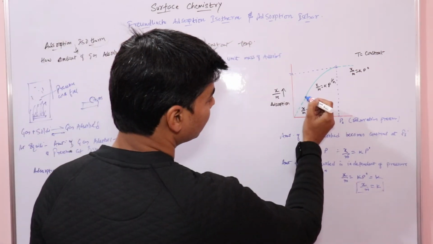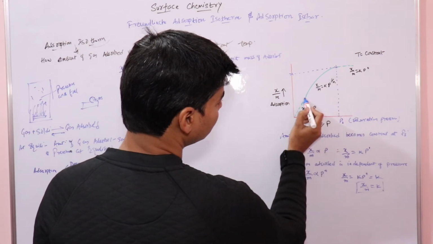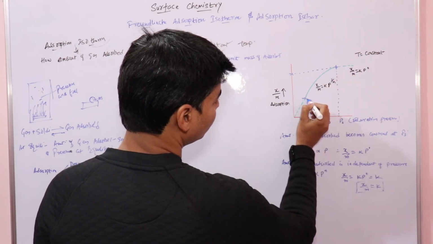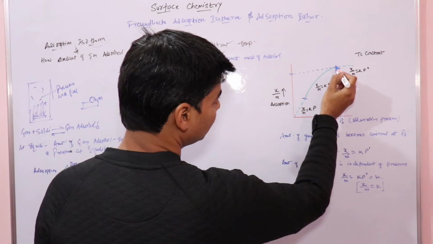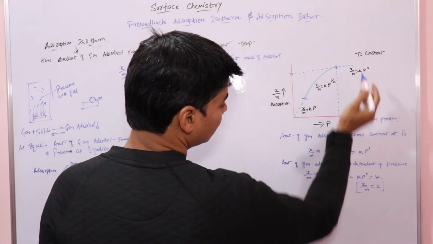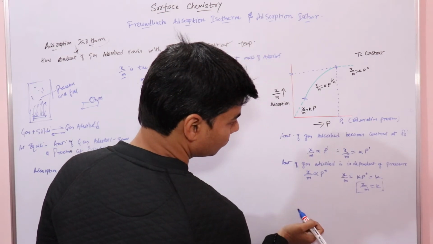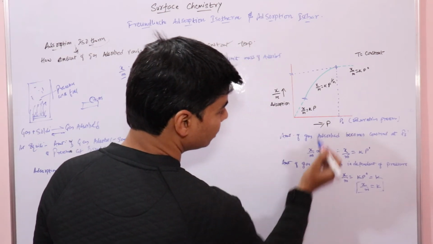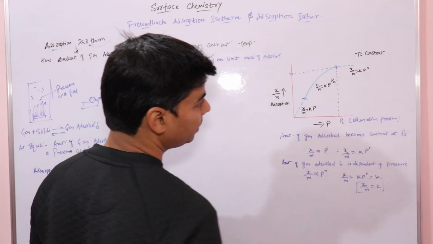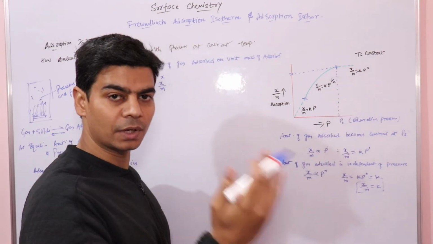Now if you look between these two values, here P is raised to the power of 1, and here P is raised to the power of 0. So between these, P would be raised to a power between 1 and 0.